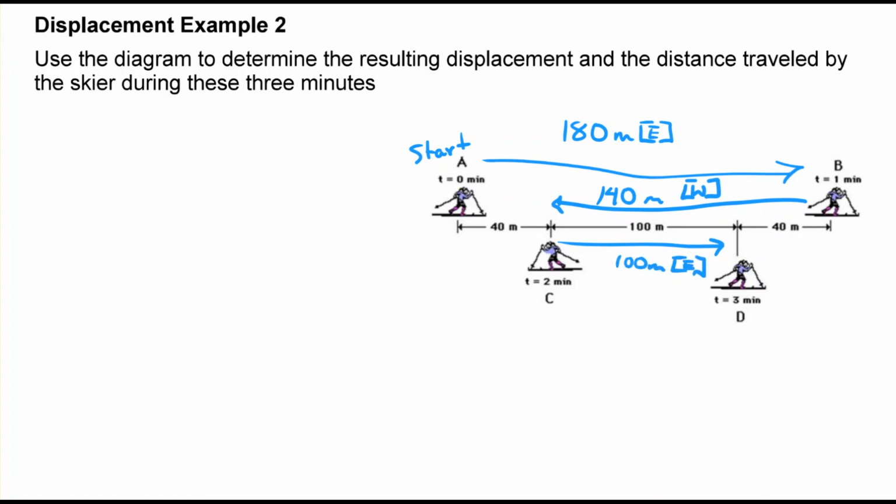So let's do this. Our distance is the total of all the ground that we covered. So let's take all of these distances and add them all up, but ignore the direction, because d, like distance, has no arrow above it, so we just ignore the direction.